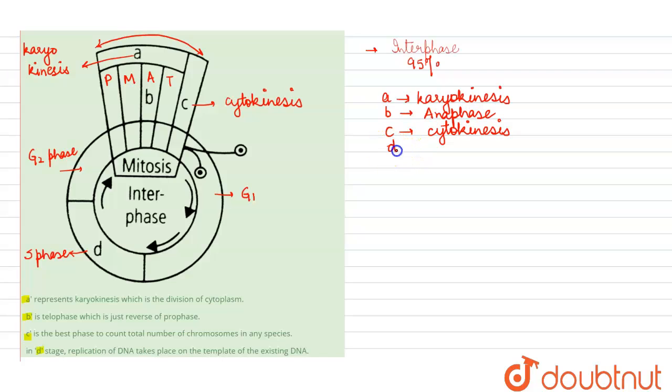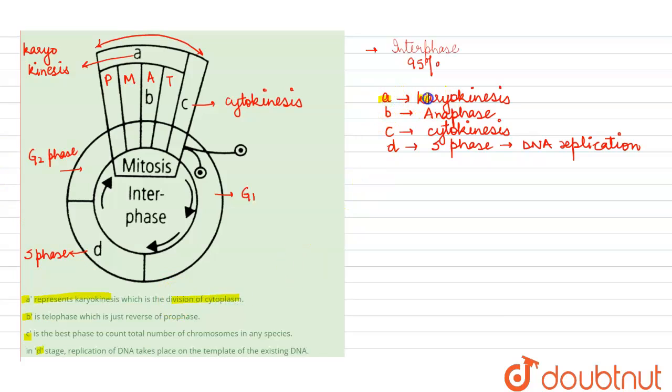And the D phase is the S phase, and S phase is that phase where the DNA replication takes place. So let's first see the statements which are given here, and we will find out the right statement. So A represents the karyokinesis, which is the division of the cytoplasm.